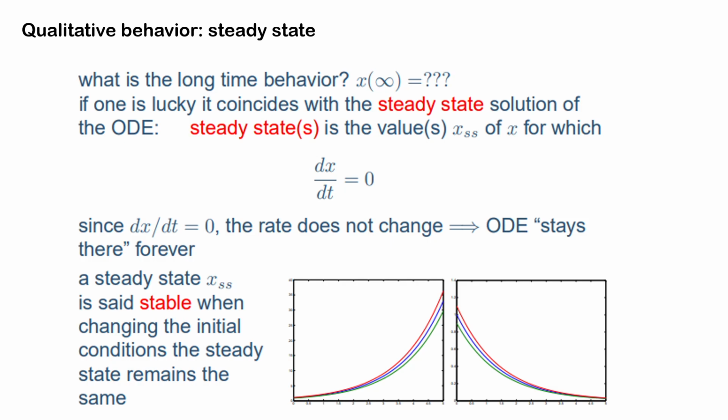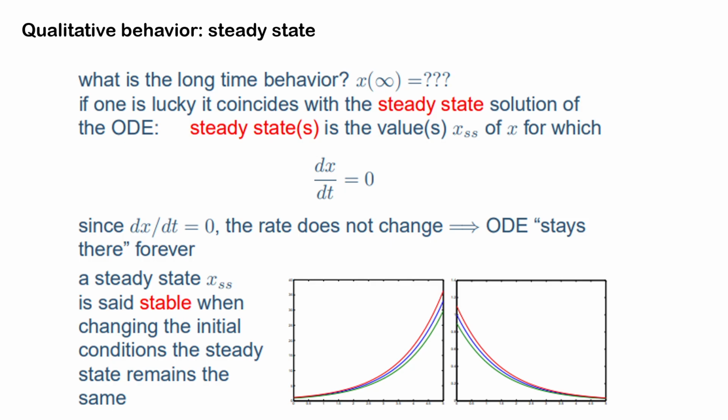But since this is a fairly simple example, we assume that the steady state of a system is described when dx/dt is zero. There is no change in the concentration of x, and the rate does not change. And here it says the ODE stays there forever, and a steady state x_ss is said to be stable when, changing the initial conditions, the steady state remains the same.